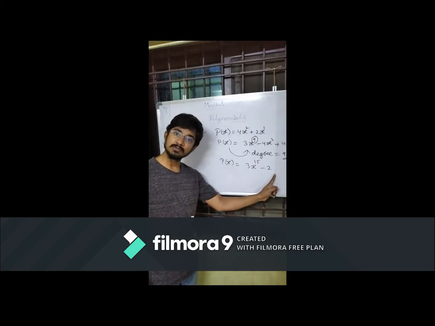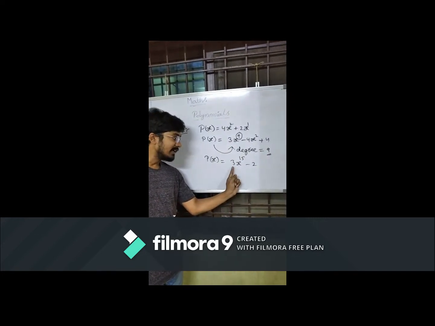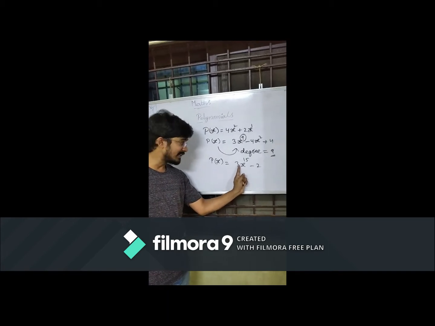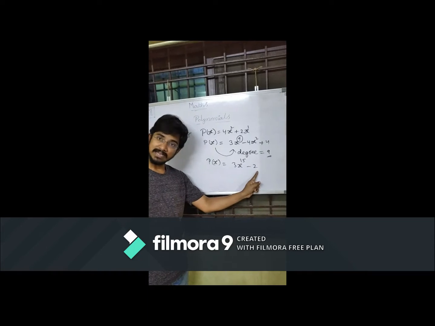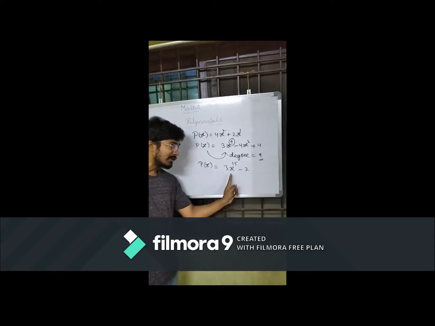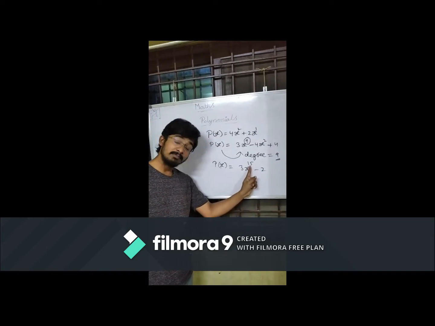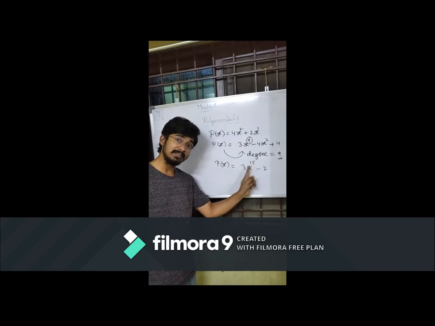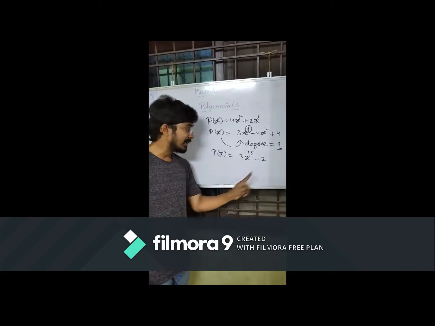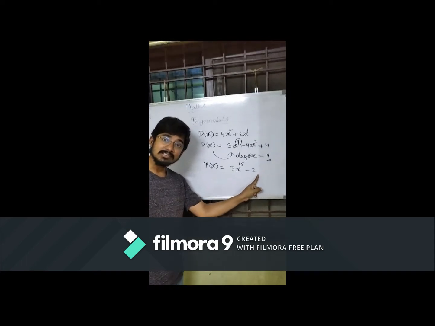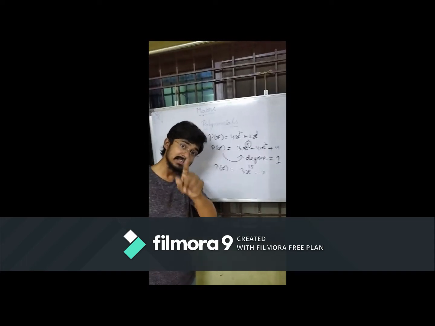The second term is minus 2. In the first term, 3 is the coefficient of x power 15, and the second term is minus 2. The power of the variable in the first term is 15. For the constant term, the power is always 0.